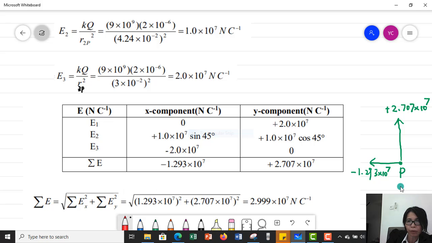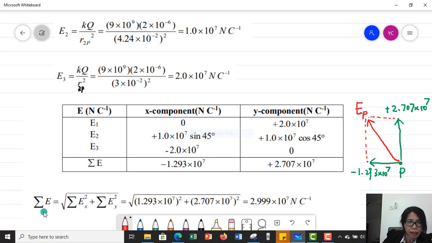Okay, so we can find the resultant by combining the summation along the x-axis and also the summation along the y-axis. So we will get the net electric field at point P, EP.